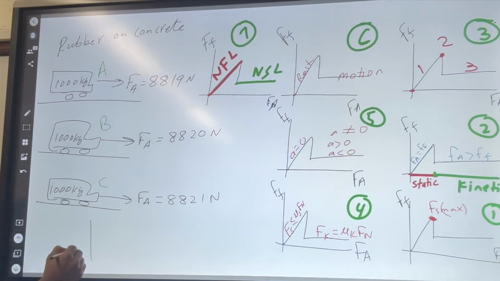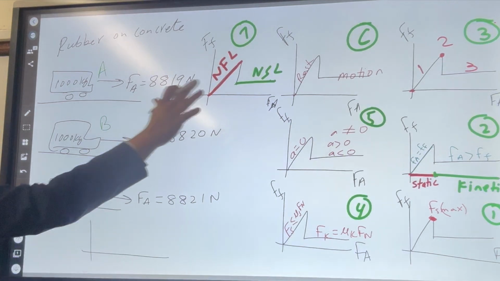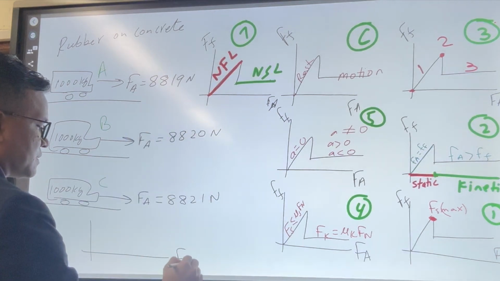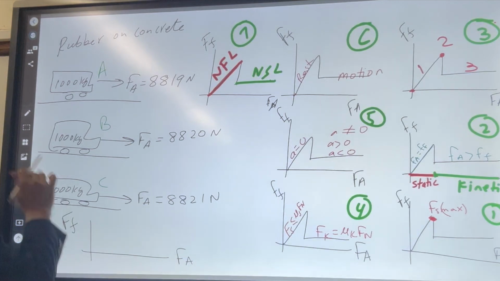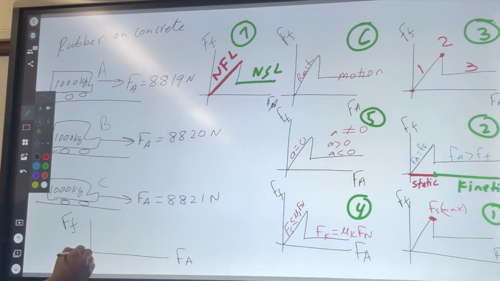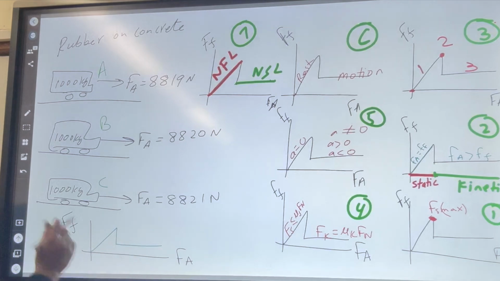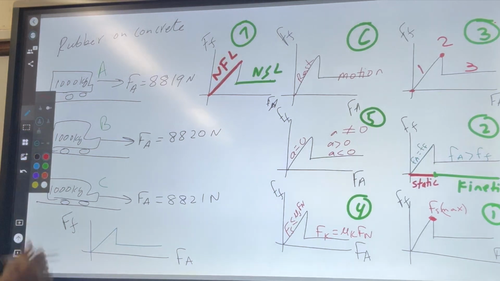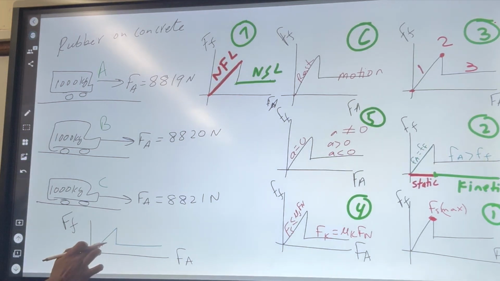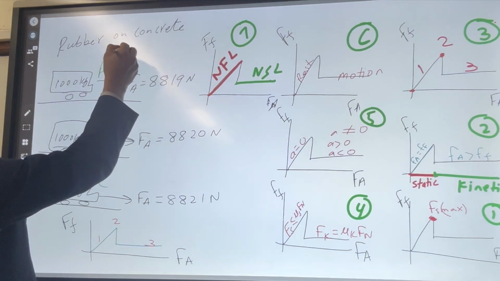Let's draw a friction graph. F applied, F friction. I'm going to draw three regions: region A, region B, region C. Actually, let's call it 1, 2, and 3. Diagonal line 1, the peak 2, and the horizontal line is 3.